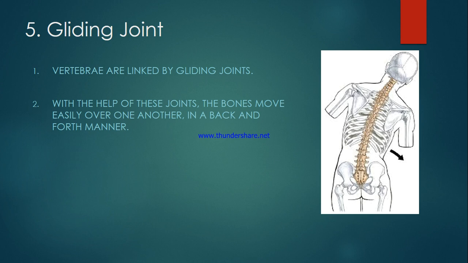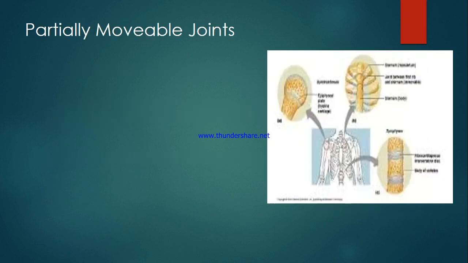With the help of these joints, the bones move easily over one another in a back and forth manner. Gliding joints make the backbone flexible. Now we have discussed all of the joints which are included in freely movable joints.